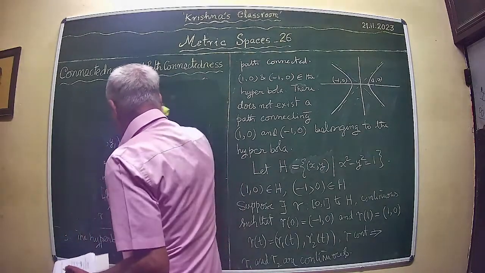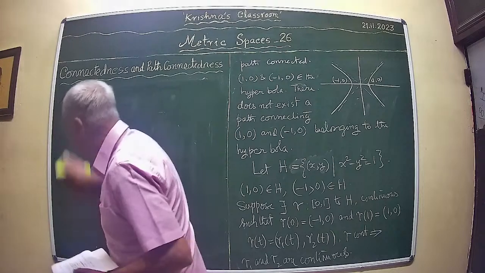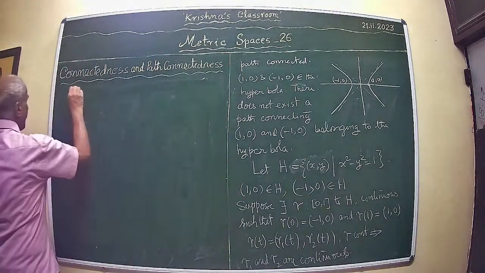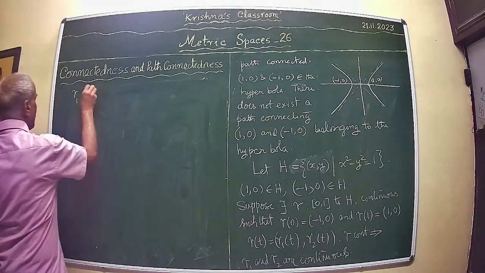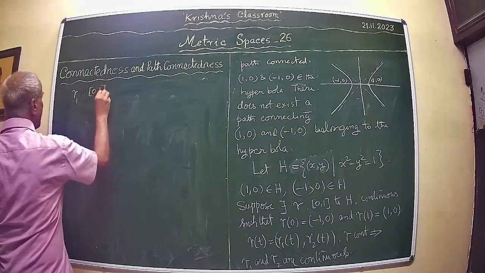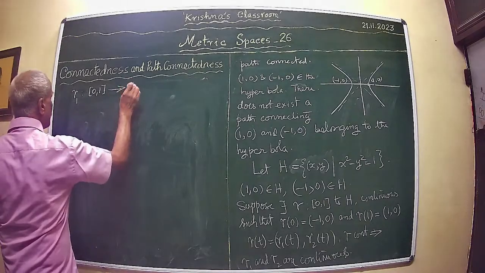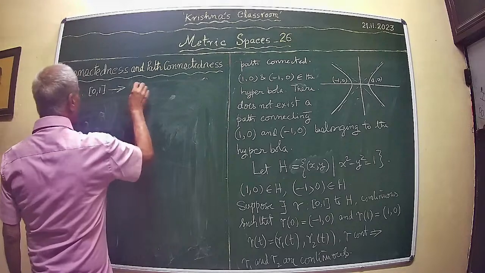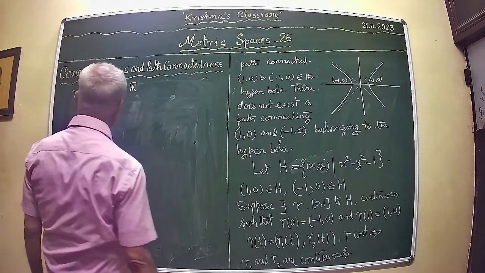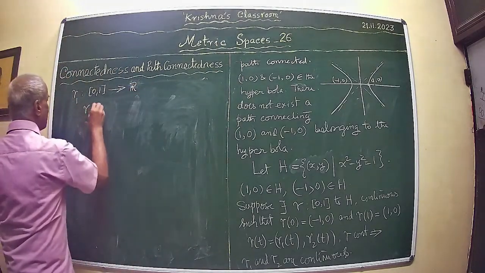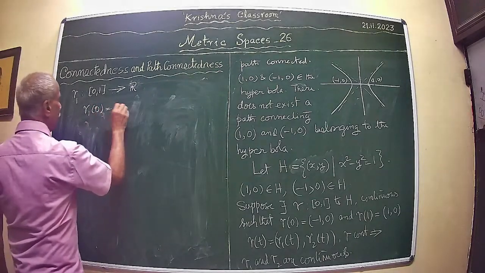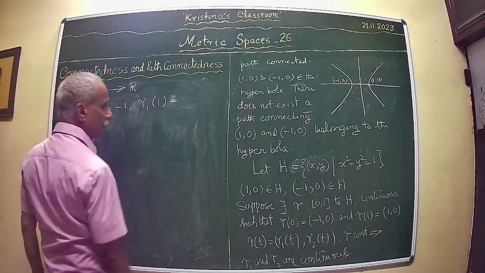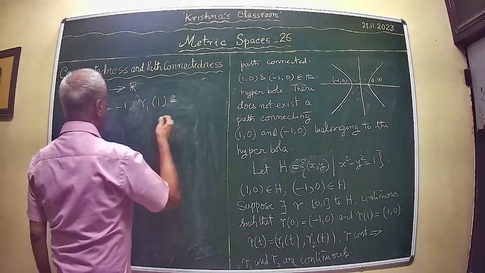If so, what happens? We look at gamma 1. Then gamma 1 is a map from 0, 1 to R, such that gamma 1 of 0 equal to minus 1, gamma 1 of 1 equal to plus 1.